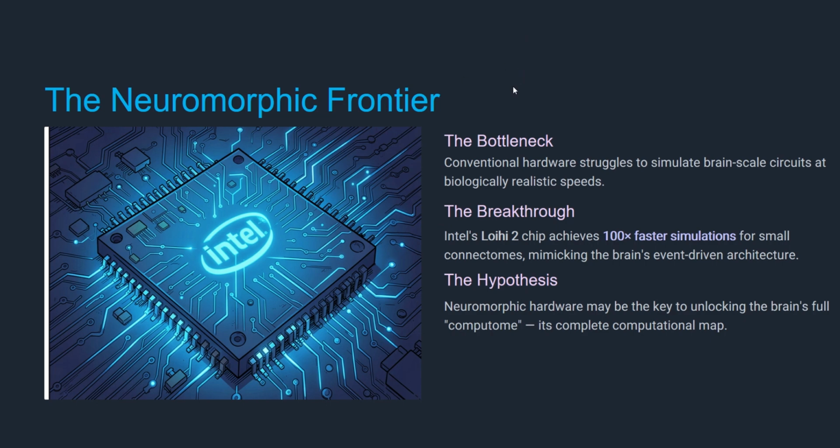First, bottom left: conventional hardware targeting simulation of brain-scale circuits at biologically realistic speed. The breakthrough was Intel's Loihi chip, allowing 100 million neurons to spike and fire, mimicking the brain's event-driven timing.